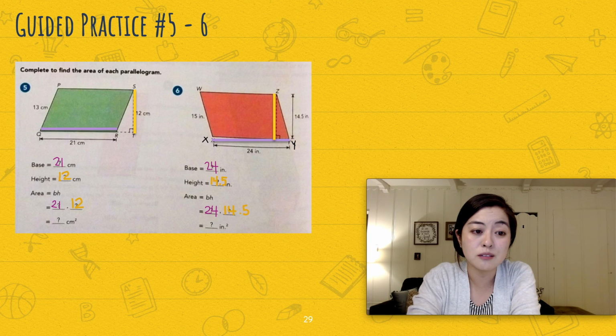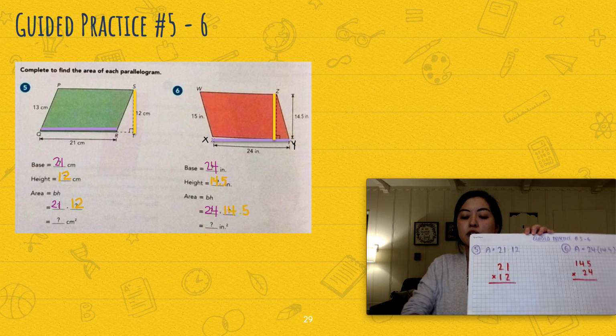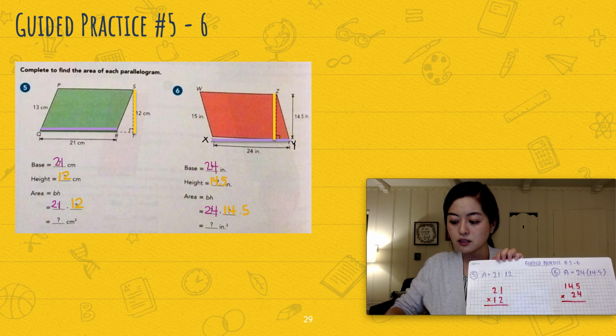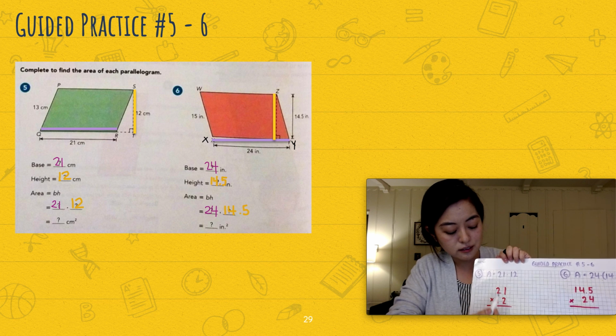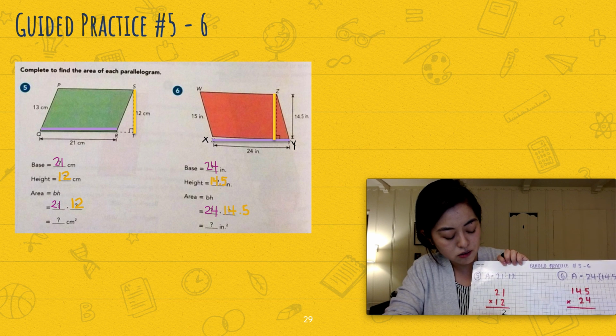Then I'm going to input these values. Just to give you a refresher on how to multiply these kinds of numbers: for number 5, it is a 2-digit number times a 2-digit number, so I'm going to stack them like this. I do 2 times 1, which is 2, then 2 times 2, which is 4.